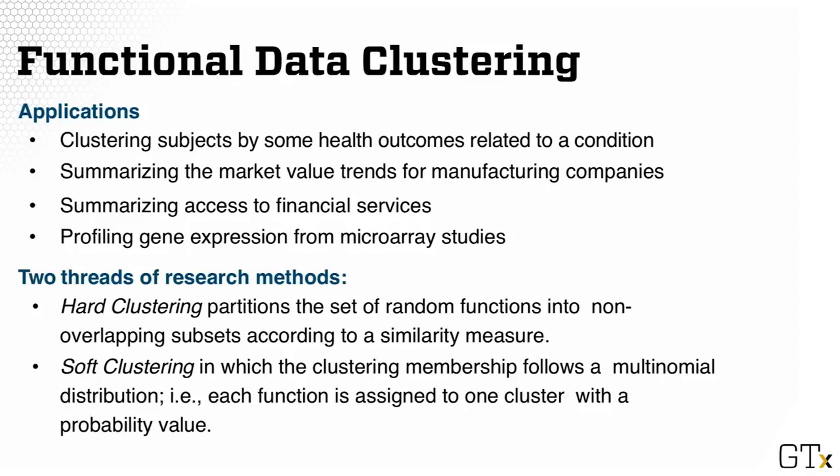For example, if there are 3 clusters, the function may be classified with probability 0.1 as being in the first cluster, with probability 0.6 in cluster 2, and with probability 0.3 in cluster 3. Thus, there is not a hard partition of the set of random functions into clusters.